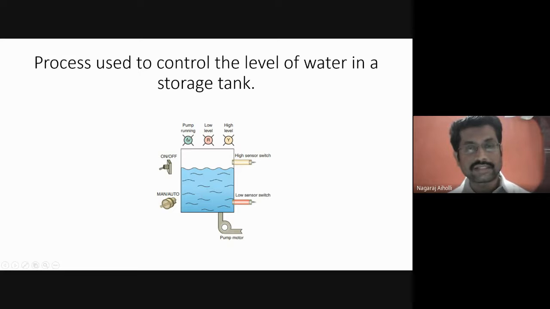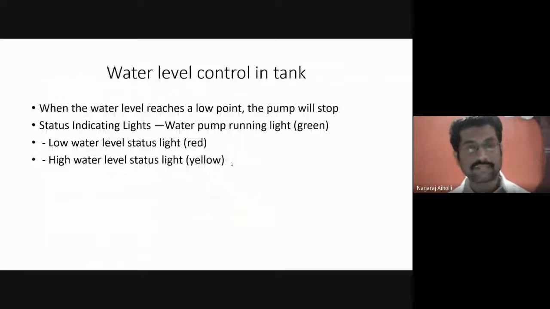Then the green light is for indicating the pump is in running state. That is the indication for the running condition. So this is just the diagrammatic description of the process used to control the level of water in the storage tank. Let us see it with the help of a rung diagram next.